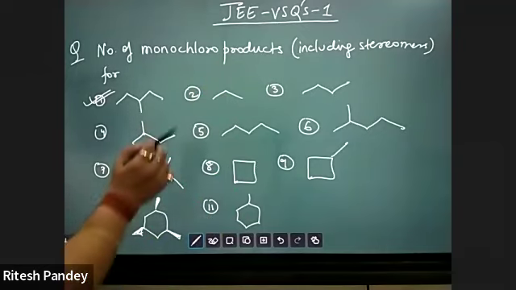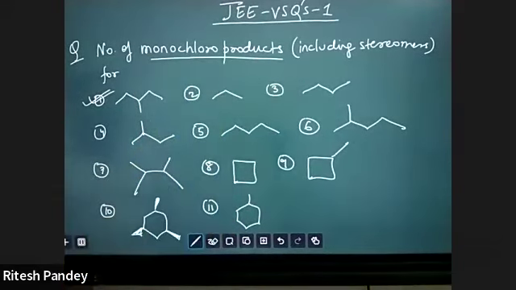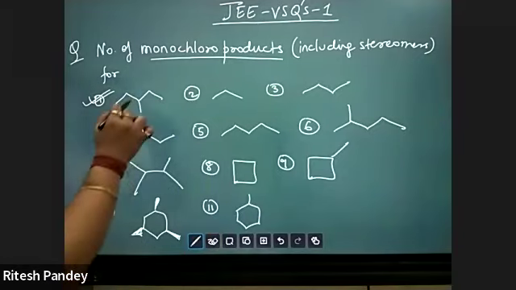When it comes to the number of monochloro products, finding structural isomers would not be a challenge. What we did in isomerism in class 11 was, suppose in this compound 3-methyl pentane, if I have to find the number of monochloro products, I simply have to identify the positions where chlorine atoms could go.